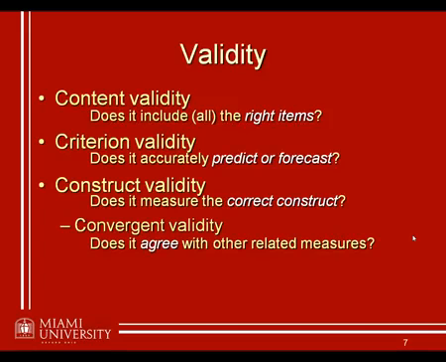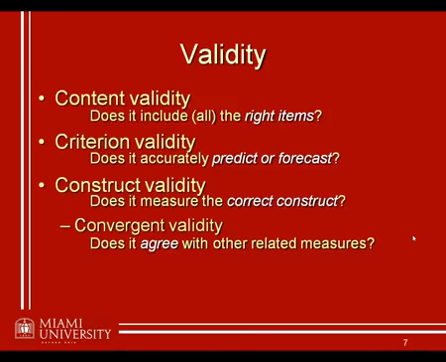So let's say I develop some new intelligence test that I want to go out and market. Well, one way that I'm going to establish construct validity, that it in fact measures the construct of intelligence, is to see whether or not it agrees with current well-established measures of intelligence, such as the Wechsler test or IQ test.